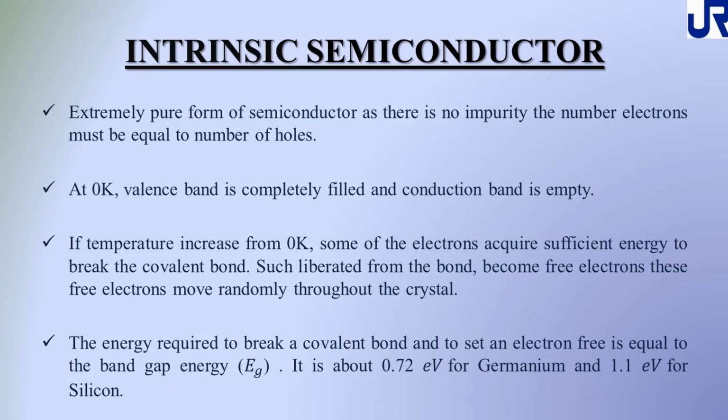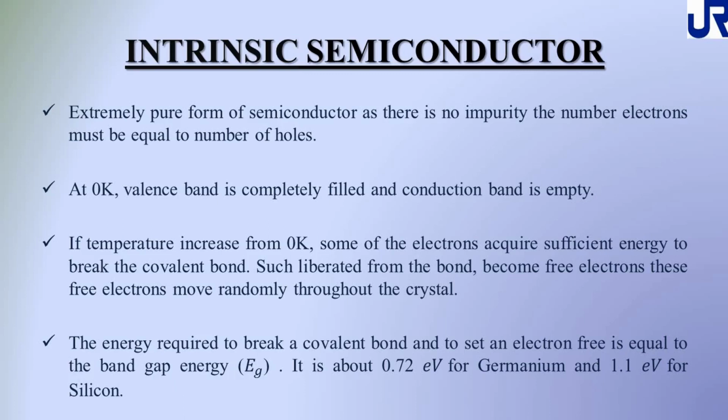We haven't added any impurity to the semiconductor crystal. So, in this pure intrinsic semiconductor, as there is no impurity, the number of electrons must be equal to the number of holes. At 0 Kelvin temperature, the valence band is completely filled and the conduction band is empty.